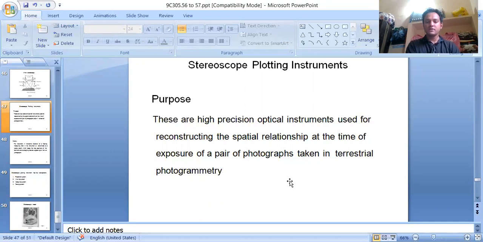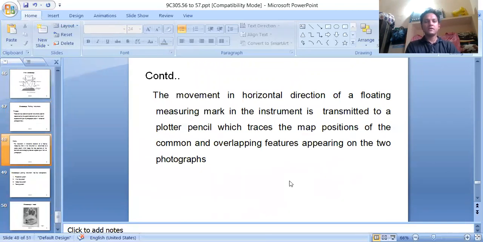In fusing those photographs, stereoscopic plotting instruments are very helpful. The movement in horizontal direction of a floating measuring mark in the instrument is transmitted to a plotter pencil, which traces the map positions of the common and overlapping features appearing on the two photographs.